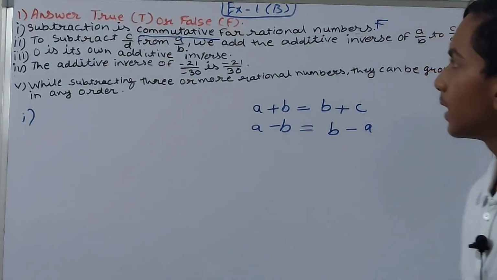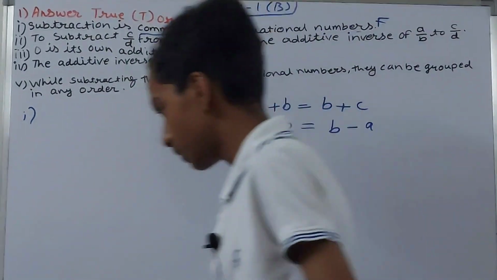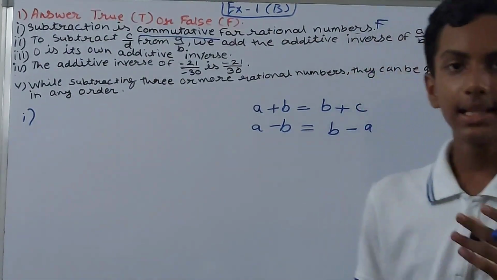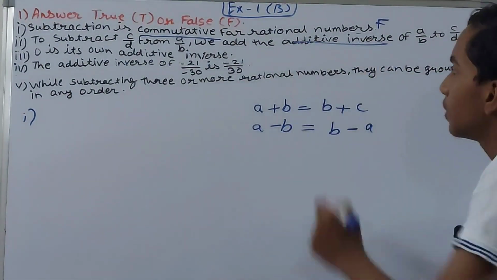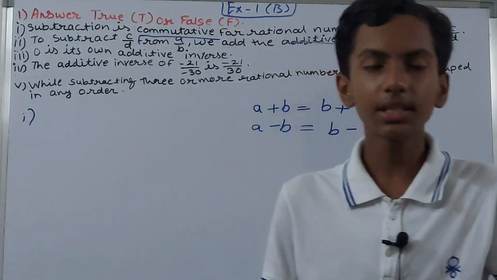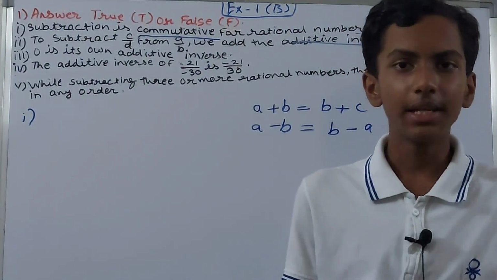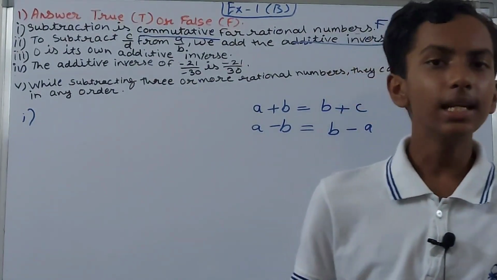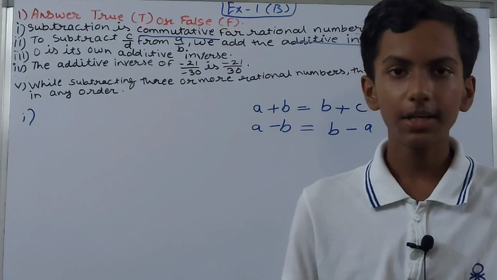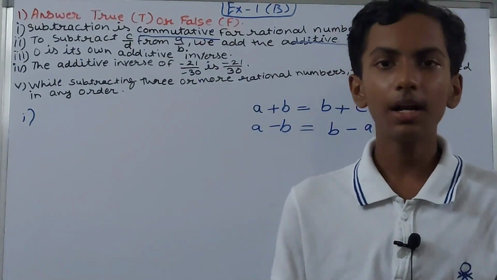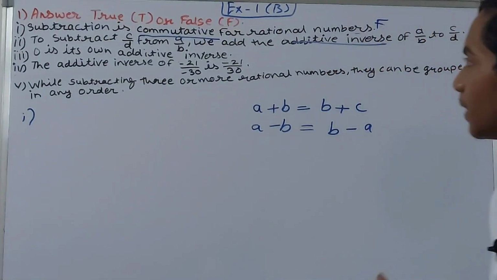Over here, the statement is talking about the additive inverse. It is basically the opposite of the number. We will change the sign. If the number is positive, then our number will become negative, and that will be called its additive inverse. And if our number is negative, it will become positive. So that is what will happen here.